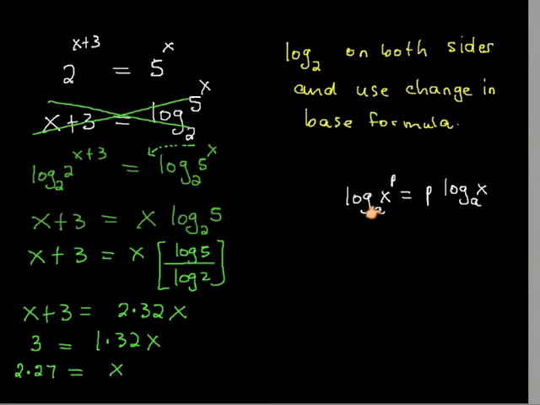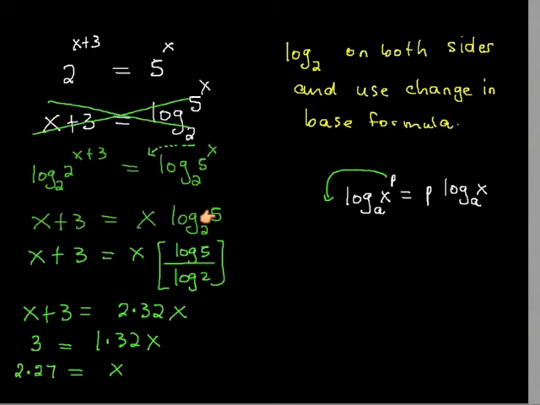If you have log base a of x to the power p, it can be simplified to p log base a of x. So we can bring the p back down here. And that's what we will use here. If I log base 2 on this side, that allows me to bring the x back down here. So the whole problem reads x plus 3 is equal to x log base 2 of 5.